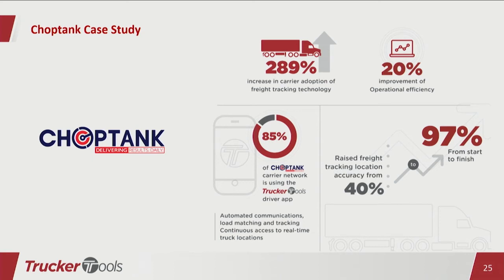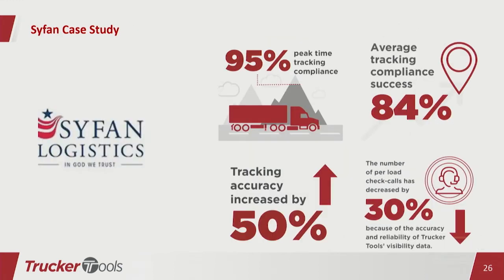Here are a couple of case studies I'm going to go through quickly. Choptank, you all know Choptank, a very popular company. They're consistently getting over 90% visibility compliance through our app. Another well-reputed company, Syfan Logistics. When they migrated to us, they had issues with the accuracy of visibility, and we fixed those.